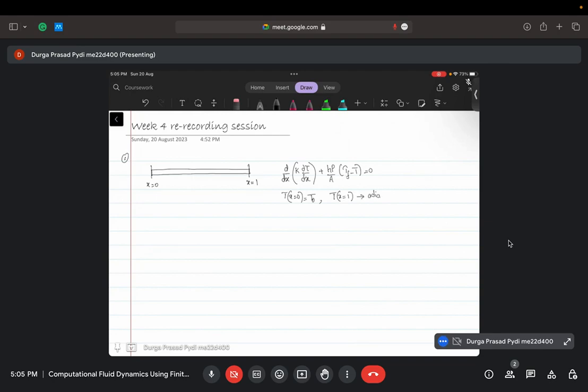So for the adiabatic tip we have the boundary condition dT/dx at x equal to 1 equals 0. This is the Neumann condition, and this is your Dirichlet condition.